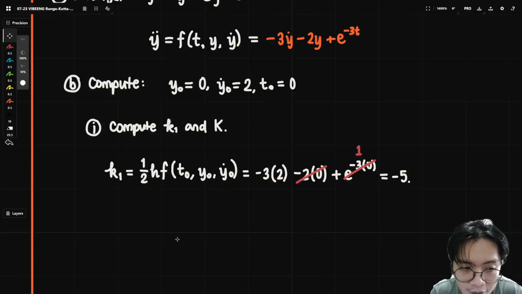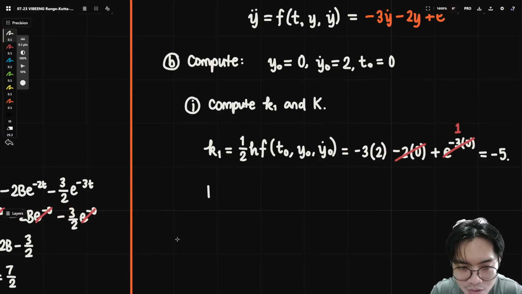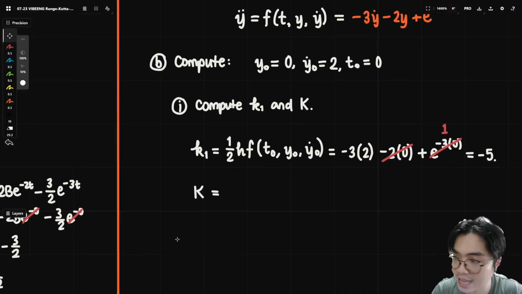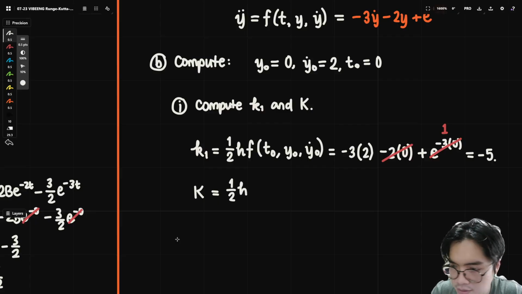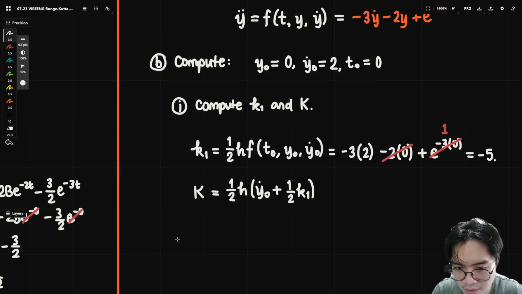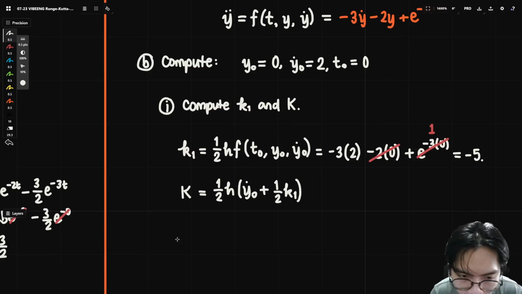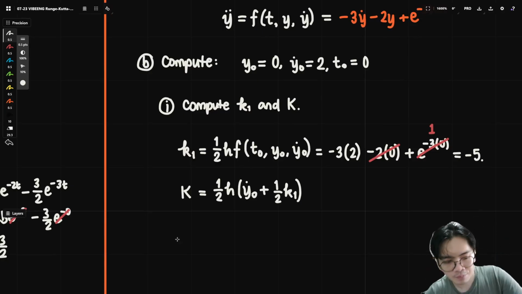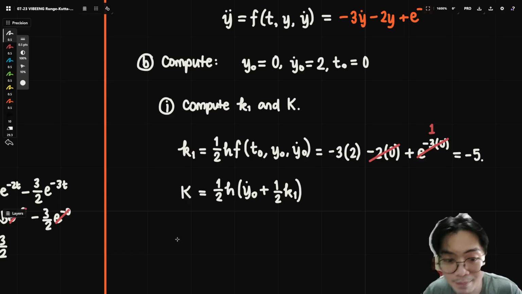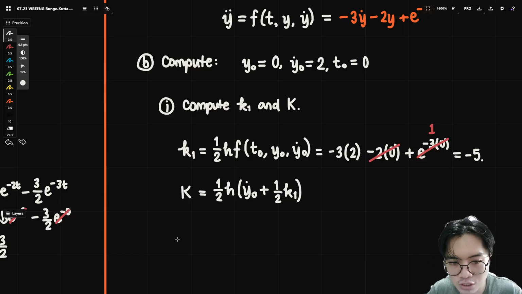What we will do now, with big K, is that we will have 1 half h times y0 dot plus 1 half k1. So you will see that k1 has units of y prime, units of y dot.